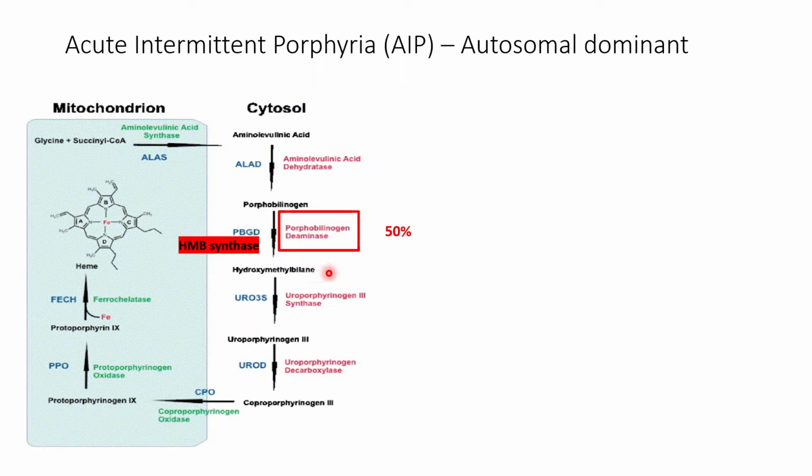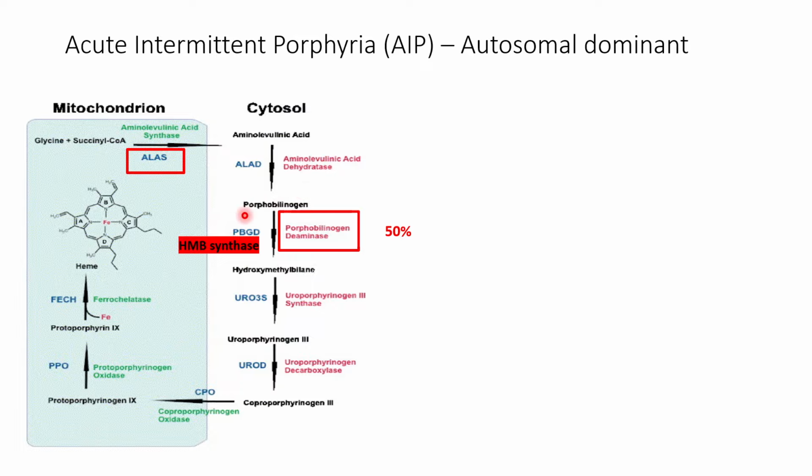Now what if there is increased concentration of porphobilinogen? When can this happen? When the ALA synthase activity is increased. When we have increased ALA synthase activity, more aminolevulinic acid will be formed, and more porphobilinogen will be formed.